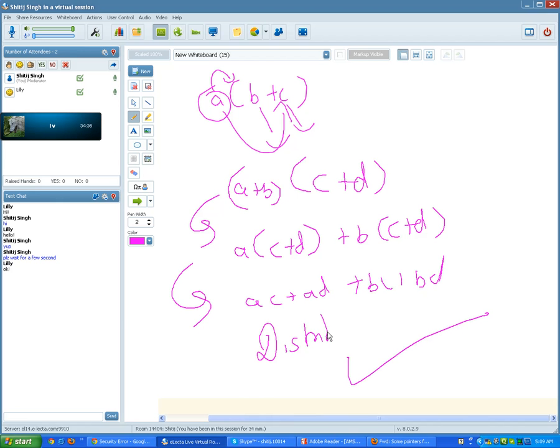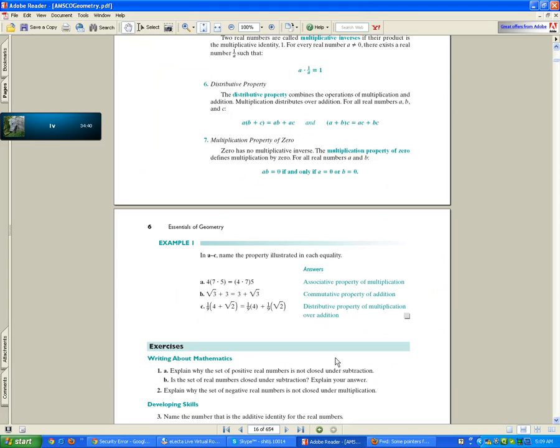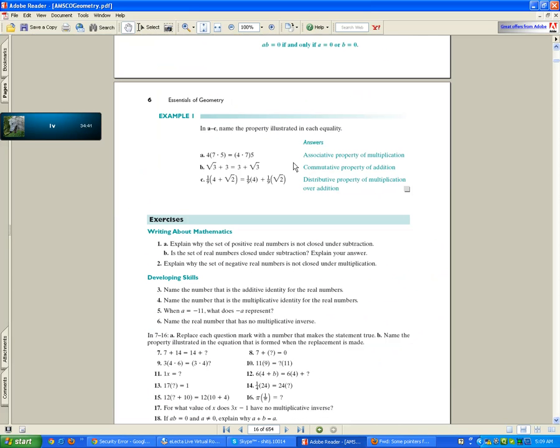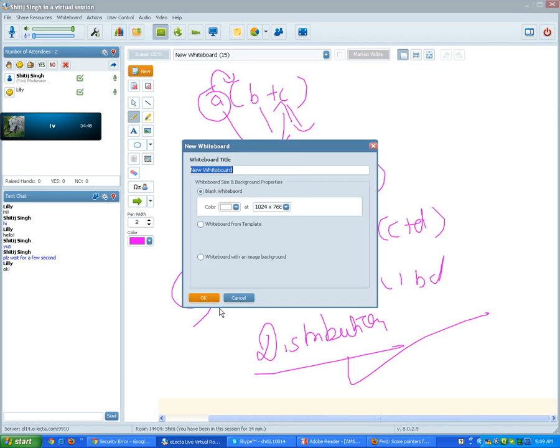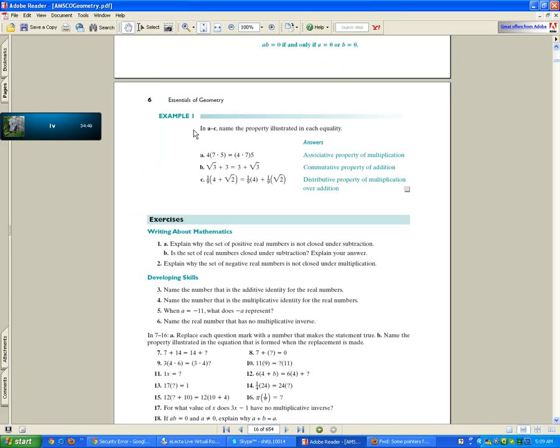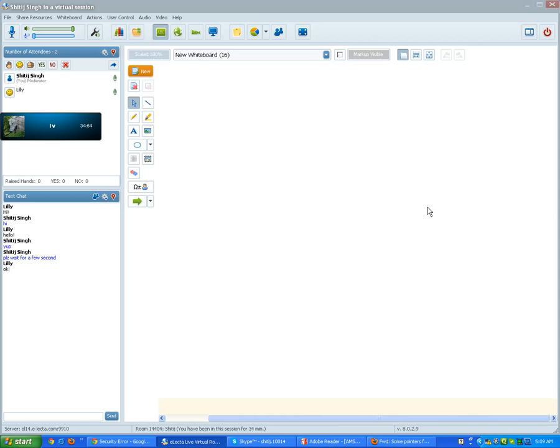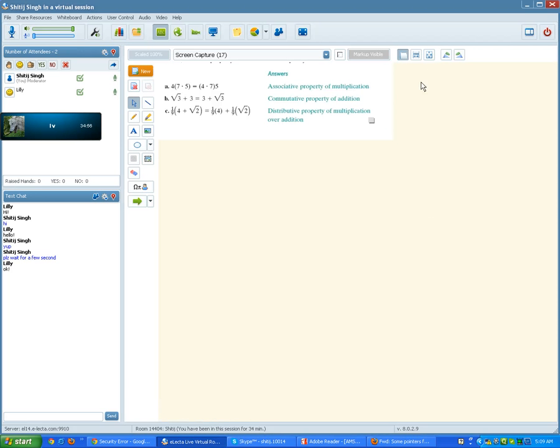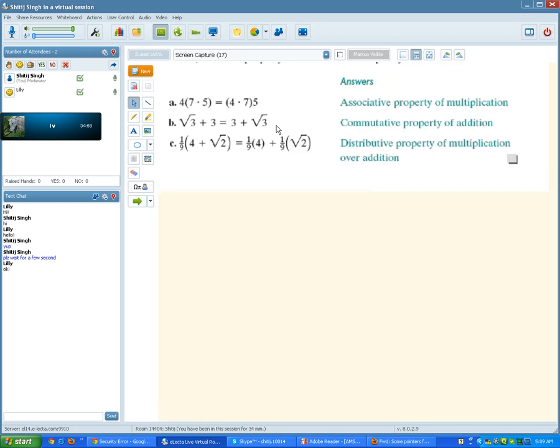Okay, I know you must be knowing all these things, but I'm trying to revise all these things so that whenever you do questions like this, you can write it on the right hand side. I'm showing you an example. That's why I'm revising all these things with you. Can you see this? Right.